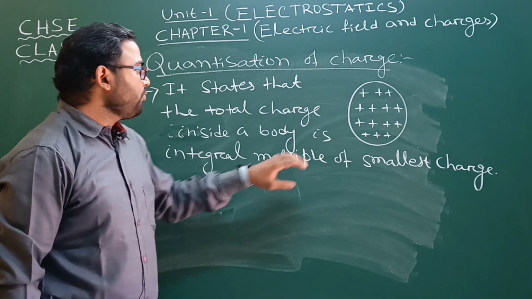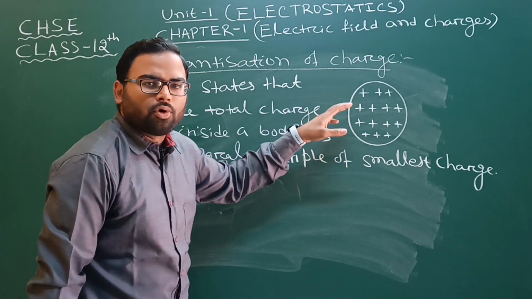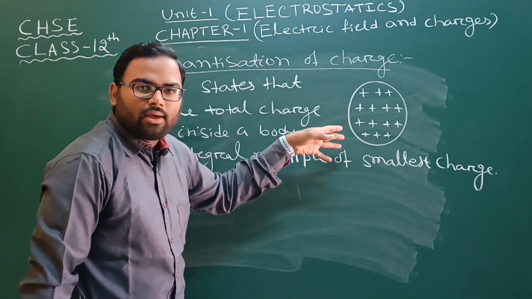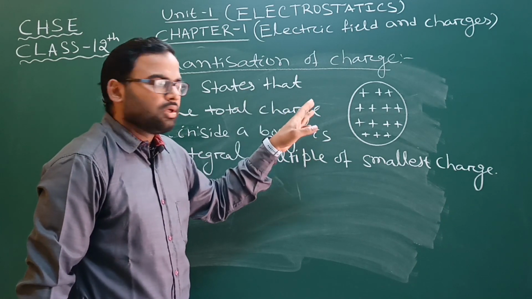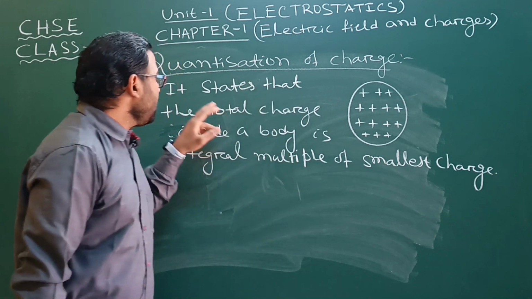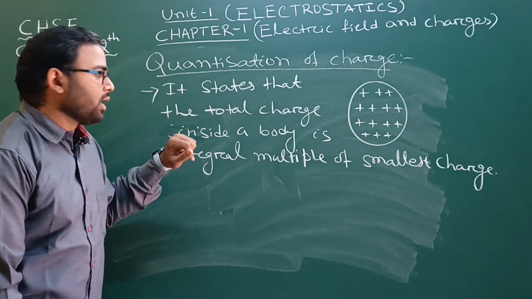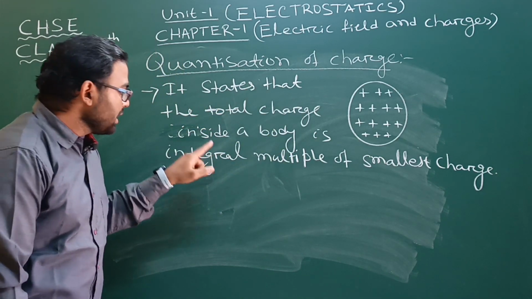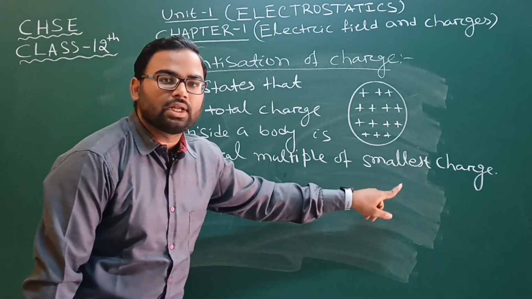So, if there is a body, any type of body, spherical, square, any type of cubical body, this law acts for every body. It states that the total charge inside a body is integral multiple of smallest charge.